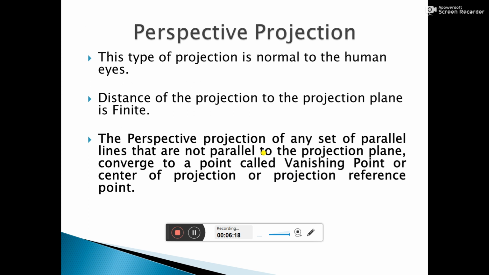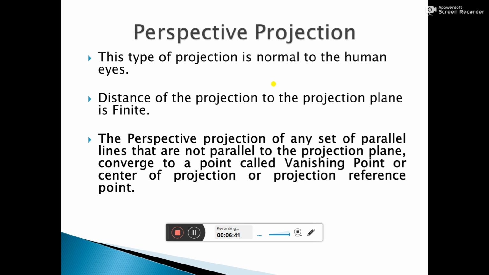Then perspective projection. This type of projection is normal to the human eyes. The distance of the projection to the projection plane is finite. But in parallel projection, the distance is infinite. In perspective projections, the distance of projection to the projection plane is finite.